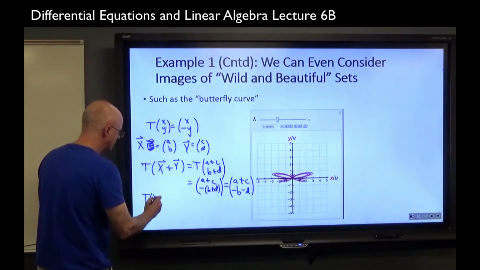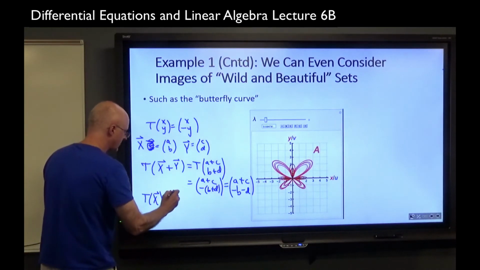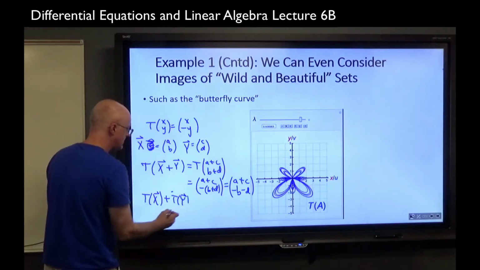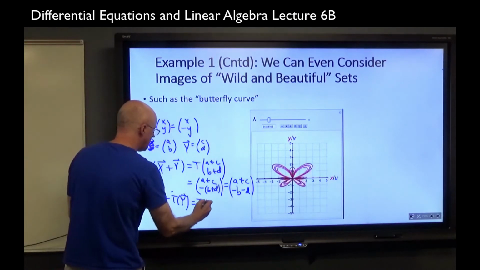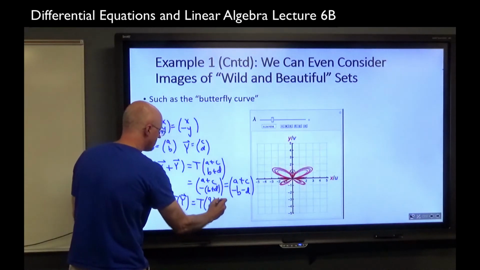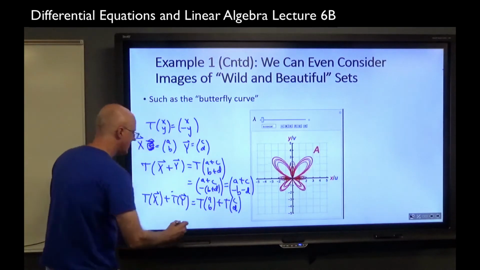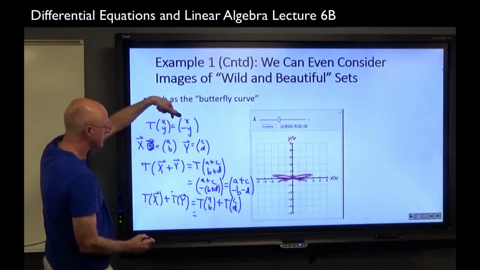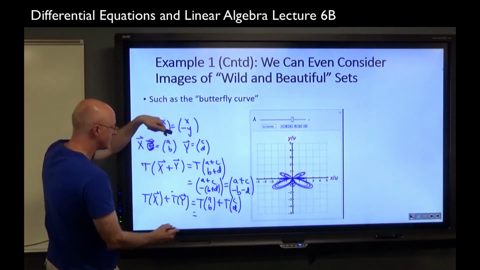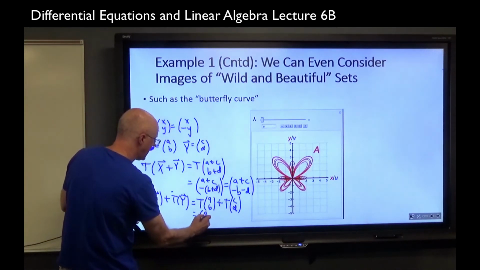Let's see what happens when we do T of x plus T of y. T of (A, B) plus T of (C, D). Looking at the same formula here, replace the x with A and the y with B in this part to get (A, negative B).